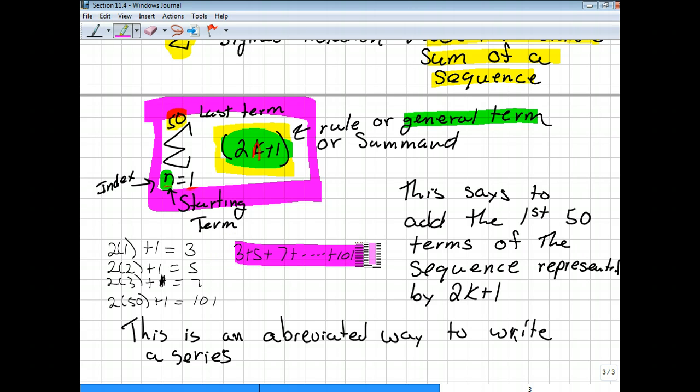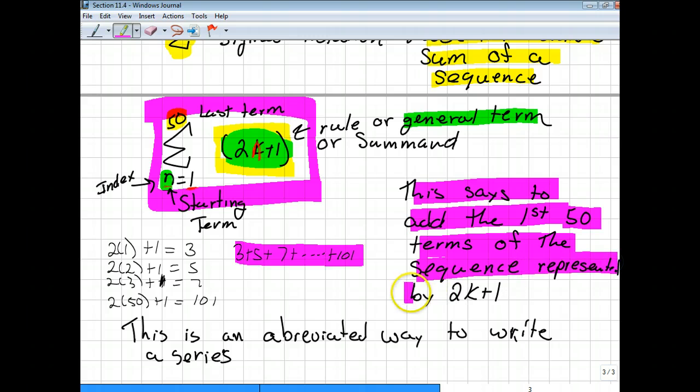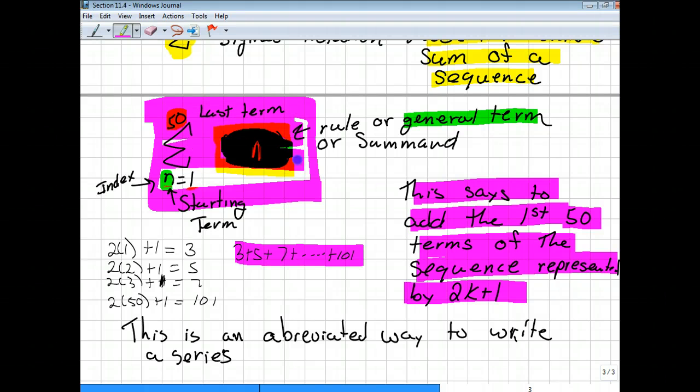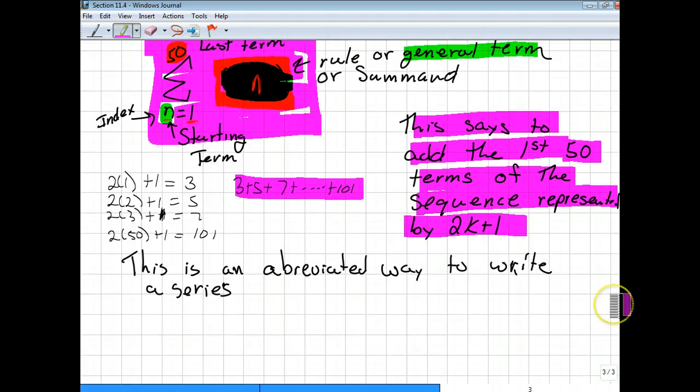Okay? So this says to add the first 50 terms of the sequence represented by 2n plus 1. Okay? So in other words, the sigma notation is an abbreviated way to write a series. Okay?